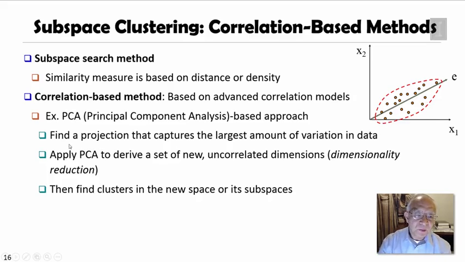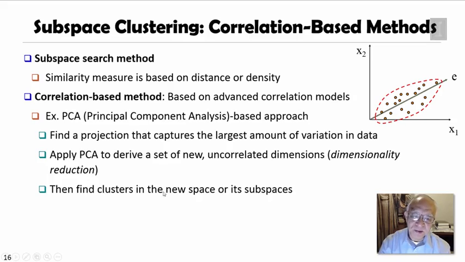That means we want to find a projection that captures the largest amount of variation in the data. Then we can apply PCA to derive a set of new uncorrelated dimensions, so that the two-dimensional data is projected onto one dimension. We did dimensionality reduction.